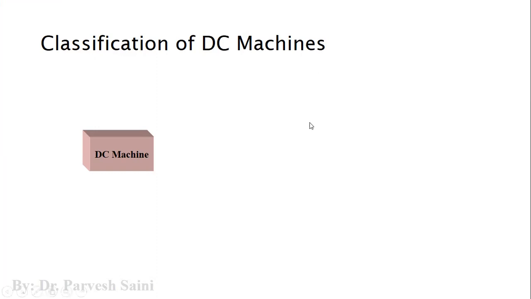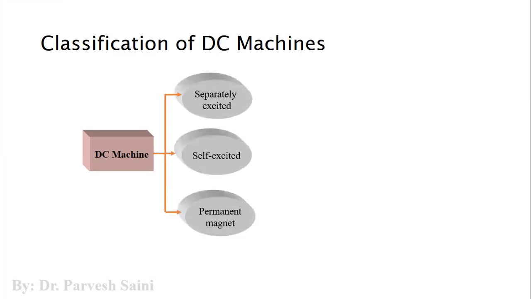So as far as the classification of DC machine is concerned, DC machines are basically broadly classified on the basis of how their field system is excited. In the previous lecture also we have discussed this thing in brief, right? So how do we excite the field system?